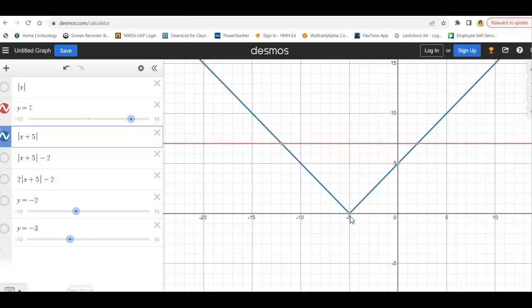Okay? So here are our visual solutions, -12 and 2. And you can see clearly that here's 0. This is the distance to 0 from this solution, and here is the distance from 0. So now let's flip over to pencil and paper and look at how to solve this all by ourselves.